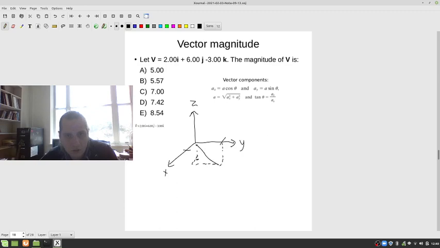So there's our vector pointing down there. Okay, and we want to find out how long is that arrow.